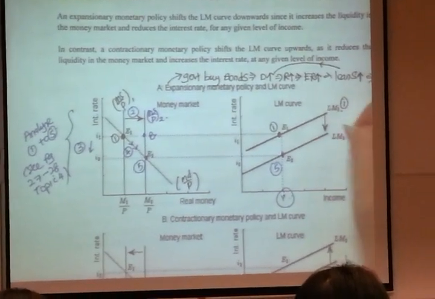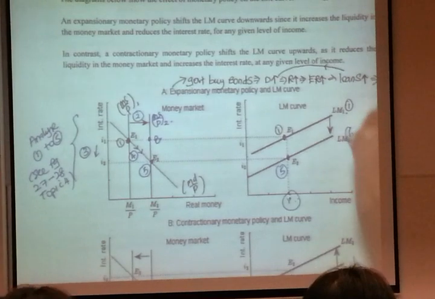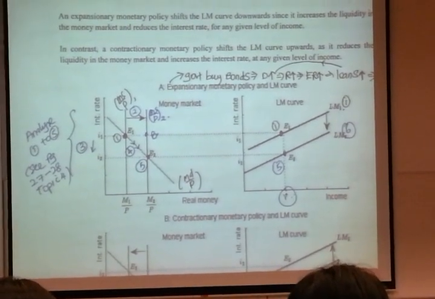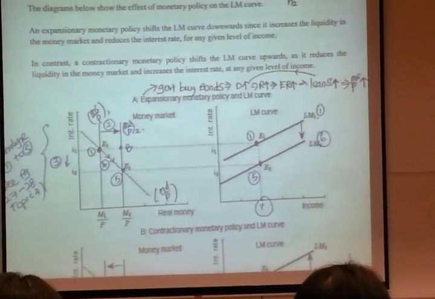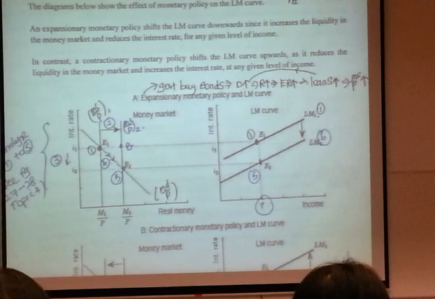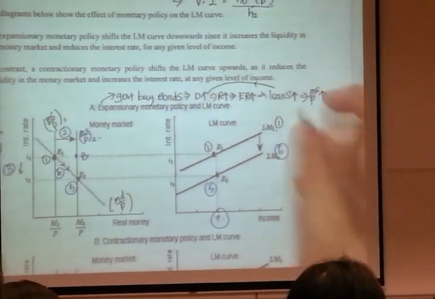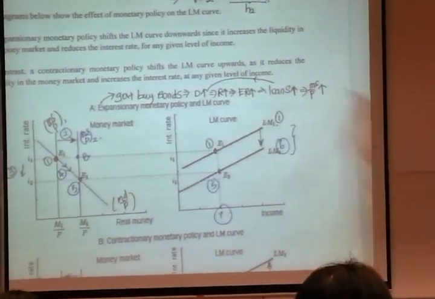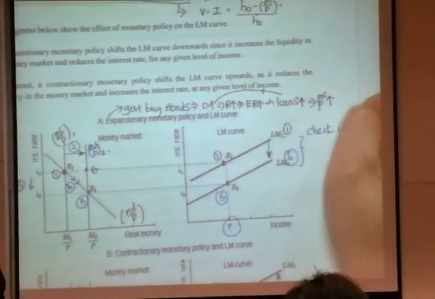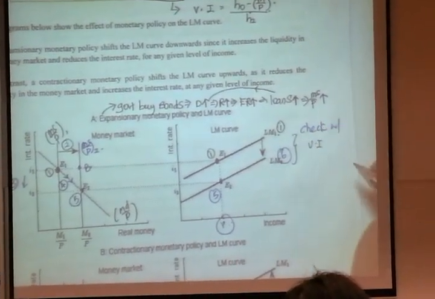In this case, you will draw your LM below it. So graphically, it's useful to do the shift because you have the analysis and you prove the answer. Then you can also double check. How do you know your curve definitely shifts down? You check with your vertical intercept.